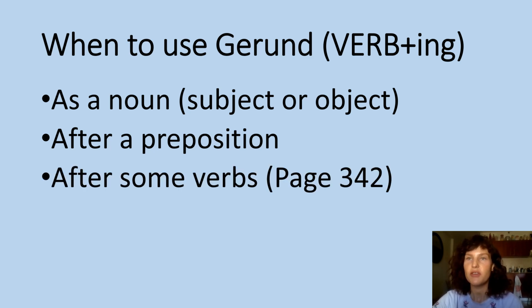There are specific verbs that always take the gerund after them. You can see the list on page 342. People always ask me, Miss, are those the only verbs? No, they are not the only verbs, but they're the only verbs that we will be looking at in this course, so they're the only ones you'll find on the quiz, okay?